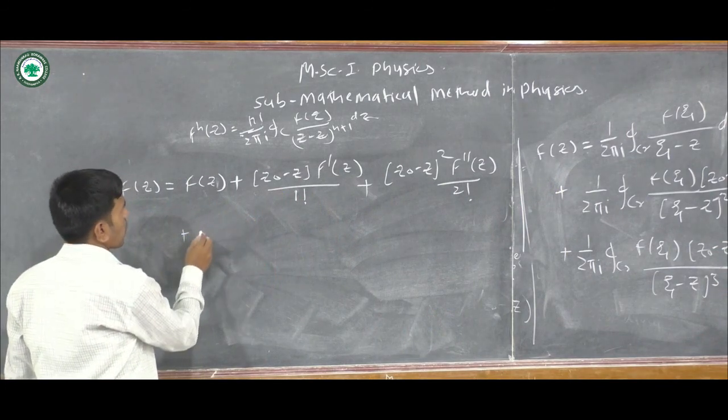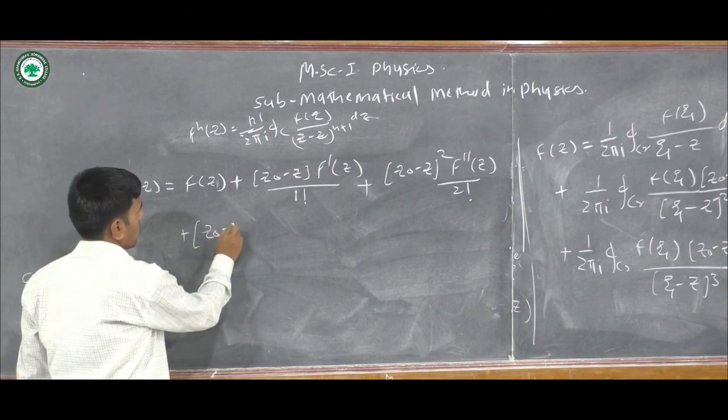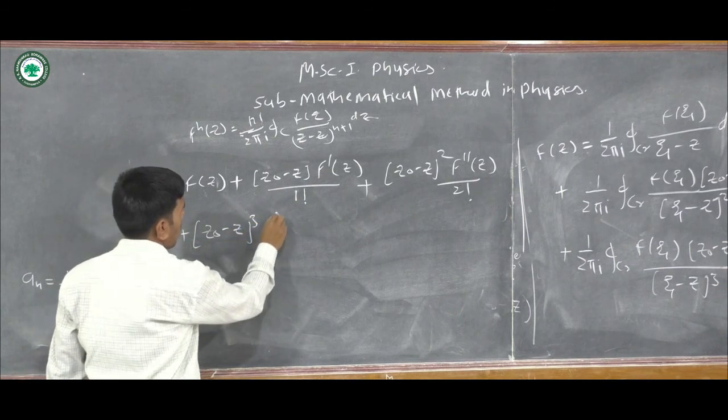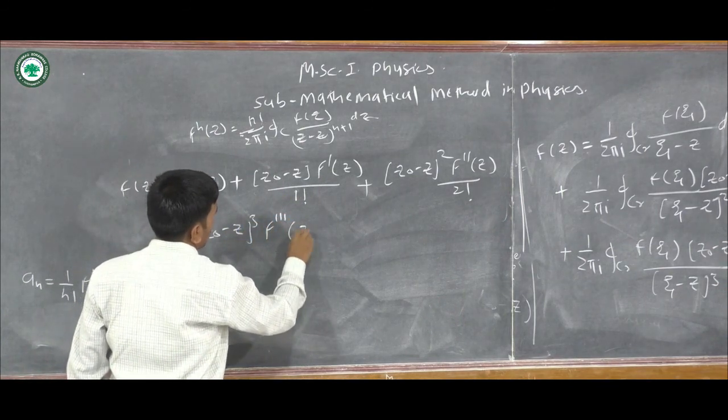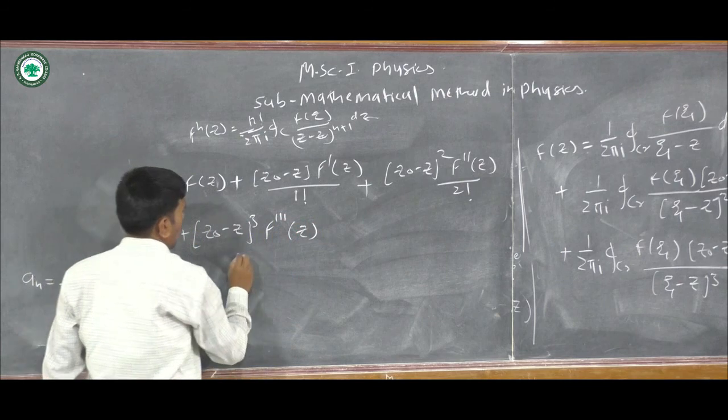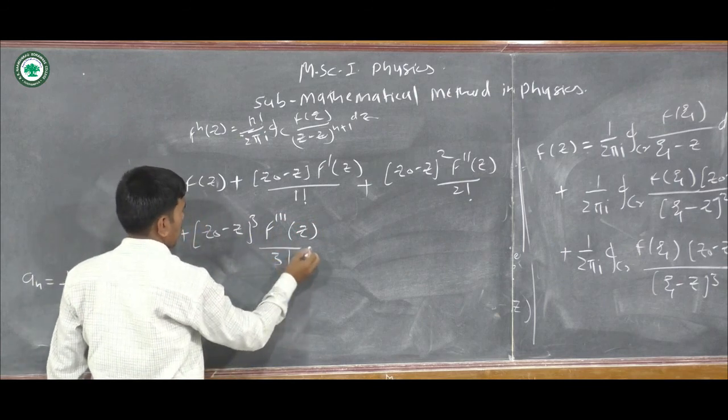If I write the next term, that is (z0 minus z) power 3 f triple prime of z divided by 3 factorial.